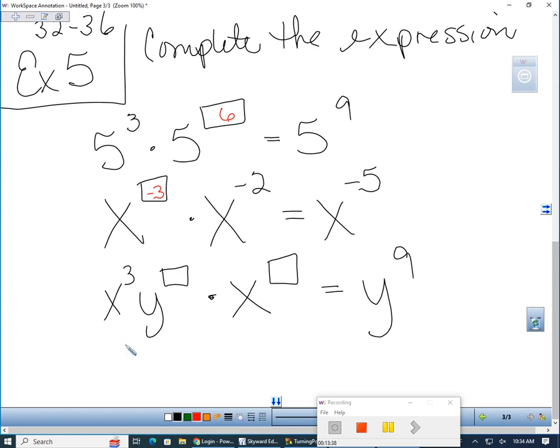X to the what? -3. Why is it -3? Yes. Very good. X to the 3rd and x to the -3 end up crossing out, right? It's x to the 0 and it becomes 1. What is the box on y? 9. Perfect. All right. Super easy.